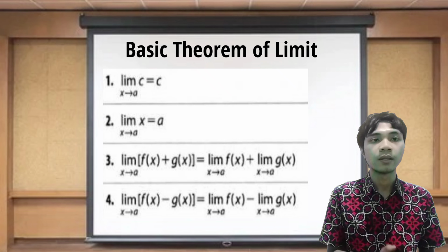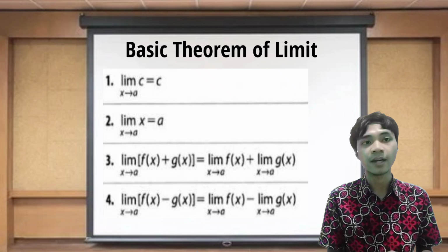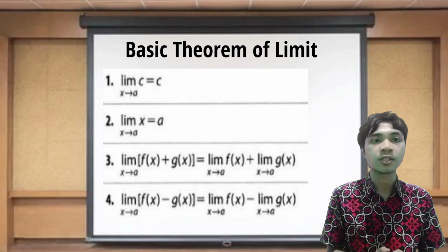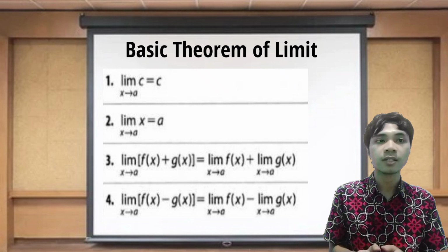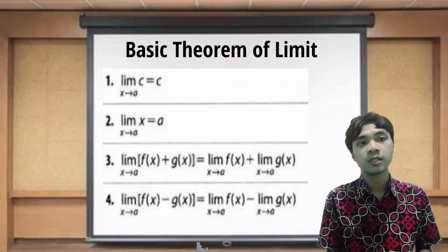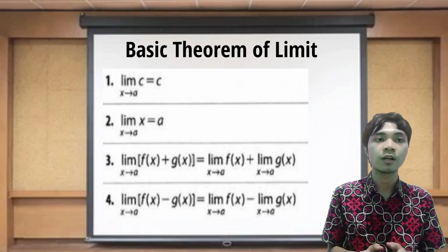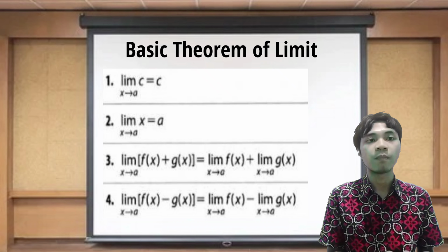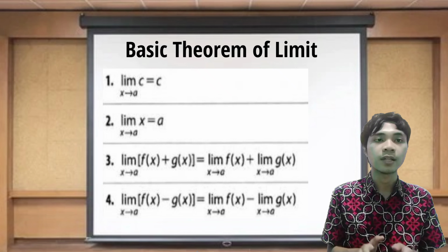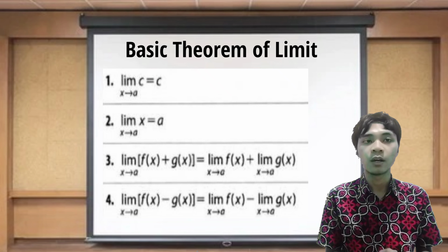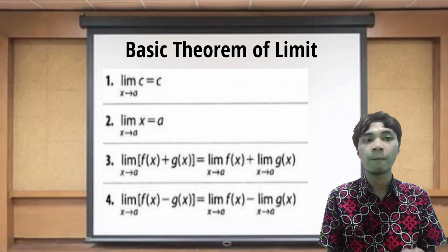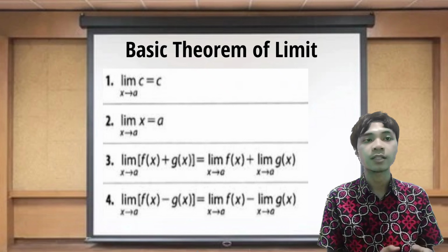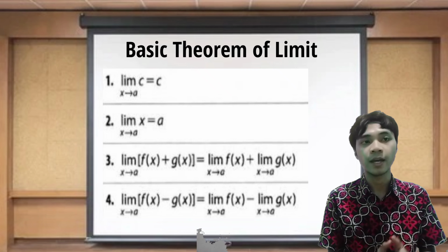Number 3, the limit of f(x) plus g(x) as x approaches a equals the limit of f(x) as x approaches a plus the limit of g(x) as x approaches a. Number 4, the limit of f(x) minus g(x) as x approaches a equals the limit of f(x) as x approaches a minus the limit of g(x) as x approaches a.